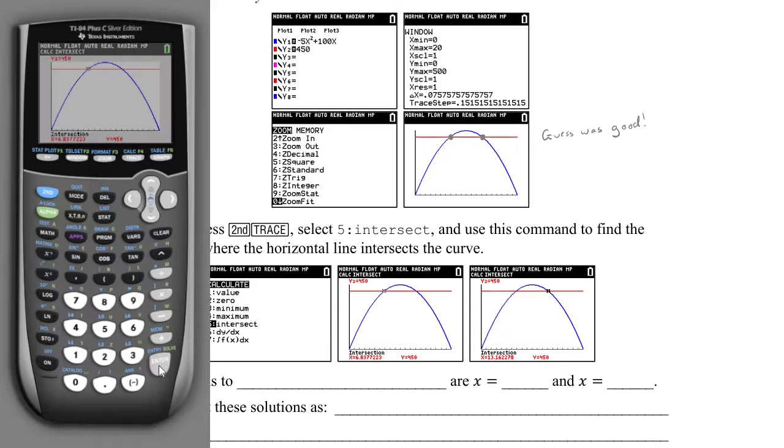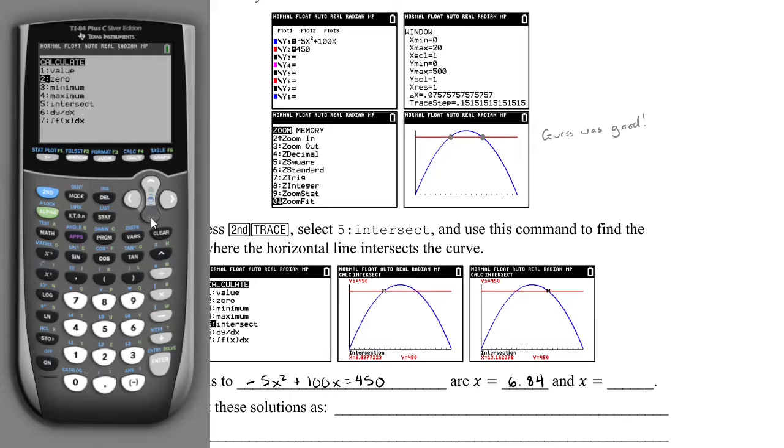I'm getting solutions to negative 5x squared plus 100x equals 450. And the first one I got, when I round to 2 decimal places, looking at either the calculator screen or the screenshot, is 6.84.